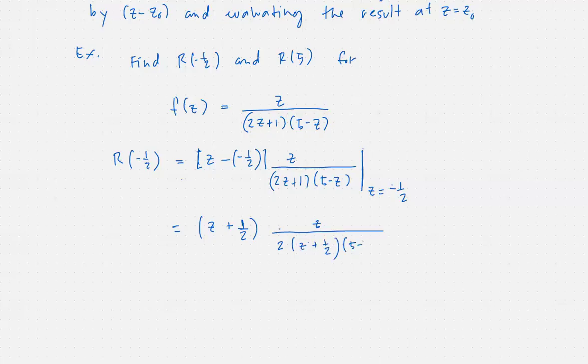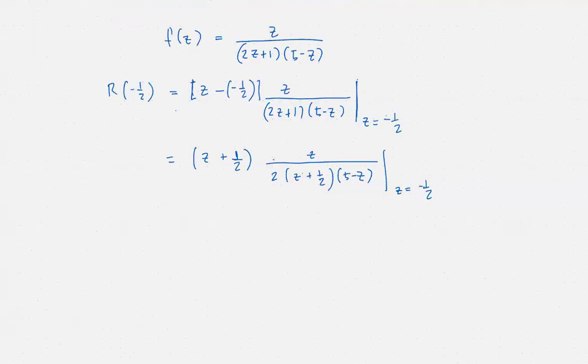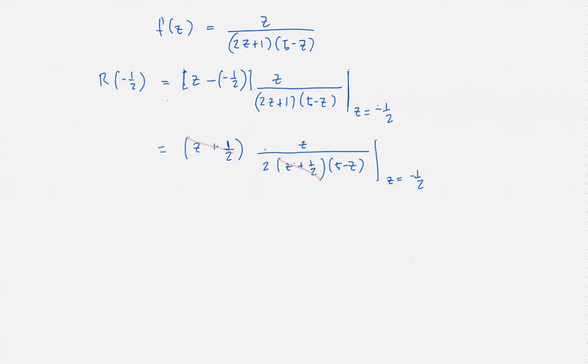Now we can cancel this term, and we are left with z over 2 times 5 minus z. Then we evaluate that for z equals negative 1/2. That's negative 1/2 over 2 times 5 minus negative 1/2.